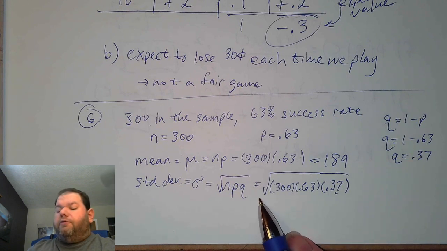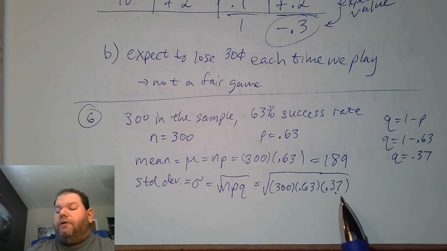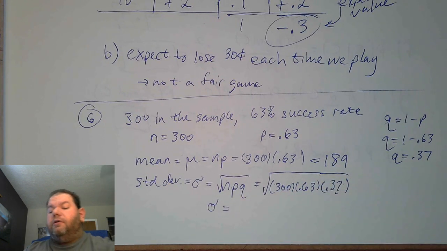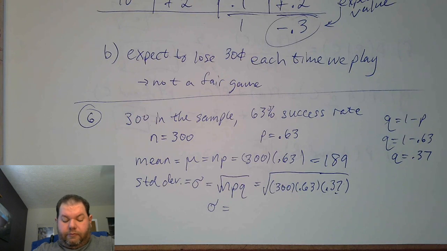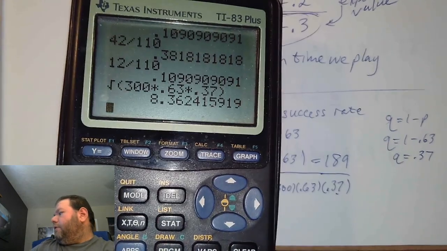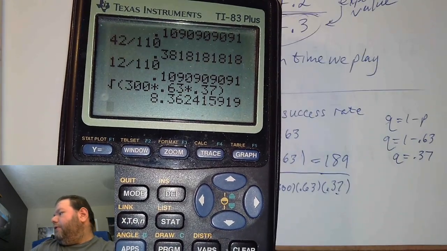So we have square root of 300 times 0.63 times 0.37. And that comes out to be 8.362.